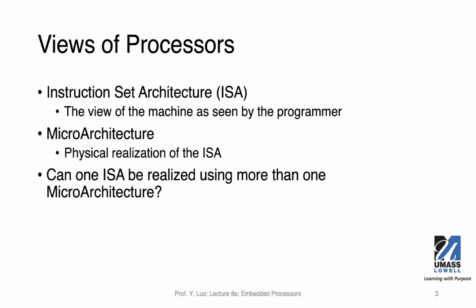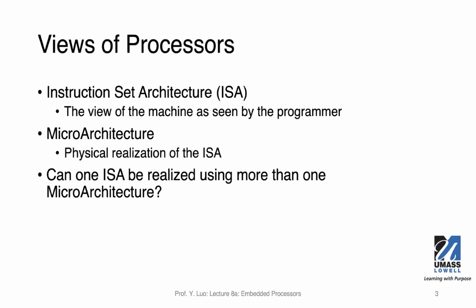So on this slide, there's one more question. Can one instruction set be realized using more than one microarchitecture? And the answer is yes. As I just explained, for the same instruction set, you can implement this particular processor using different microarchitectures.